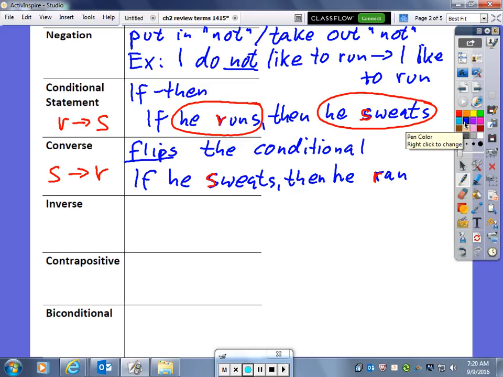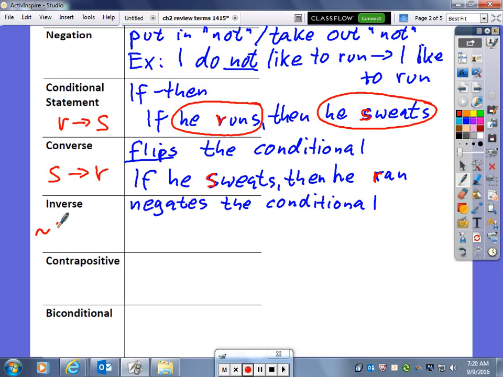The inverse negates the conditional. And it negates both parts of the conditional, the hypothesis, as well as the conclusion. In other words, using a squiggly line for symbolic notation, if not R, then not S. And our example would be, if he does not run, then he does not sweat.